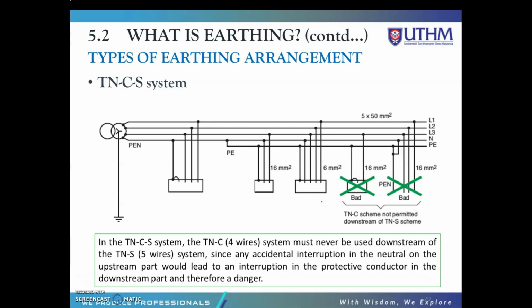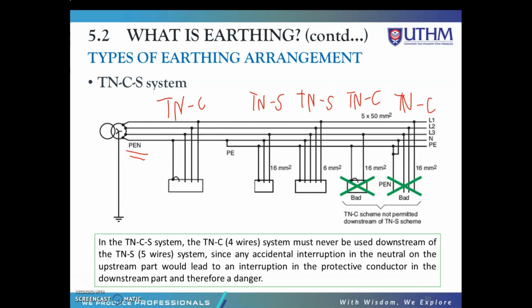So you can see here, this is the TNC, right? It's combined. They use the PEN conductor. Then this one we have the TNS, because it separates the PE and also N, and this one is also TNS, while this one is TNC and this one is TNC.